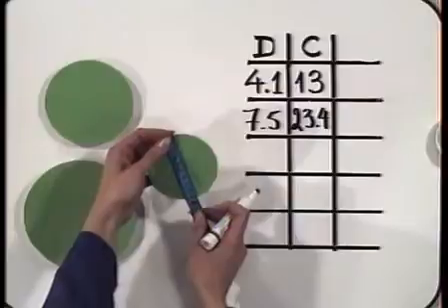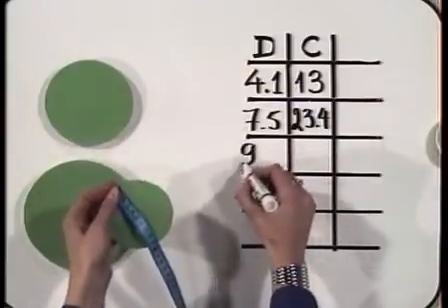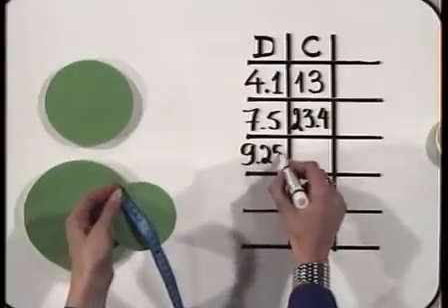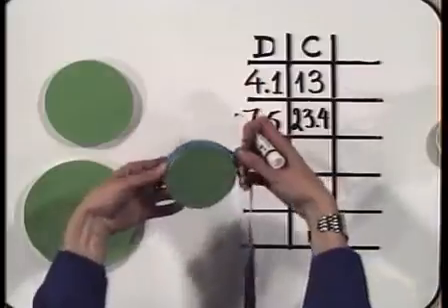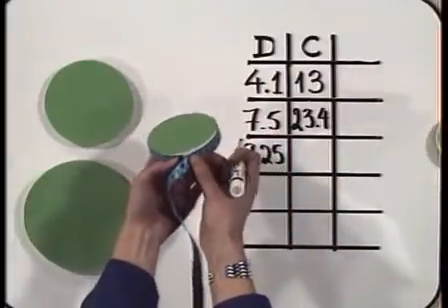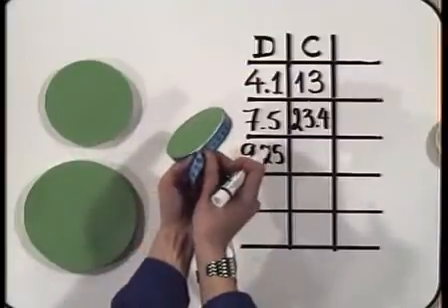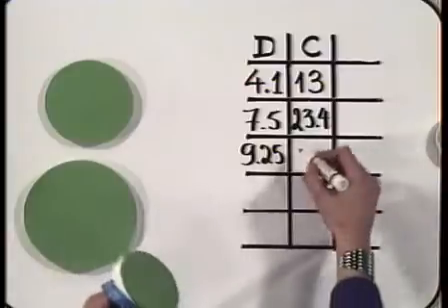That's about 9 1/4 or 9.25 centimeters. And the circumference, which is the walk around the circle, is almost 29.5, but it looks like 29.4.